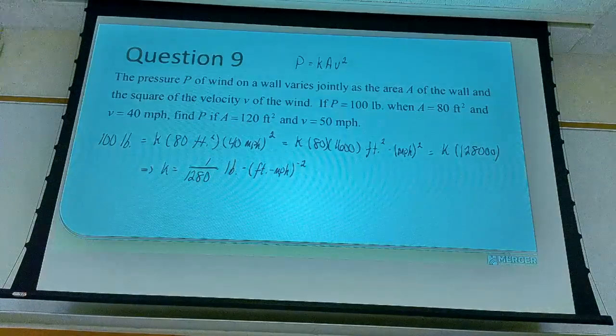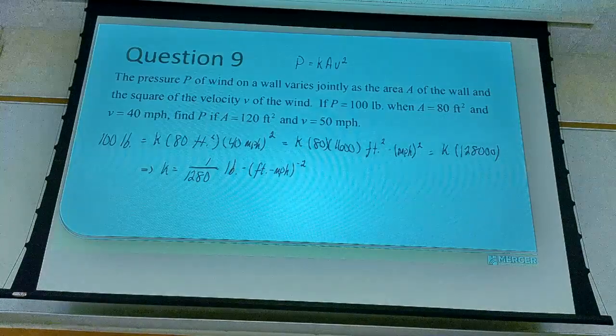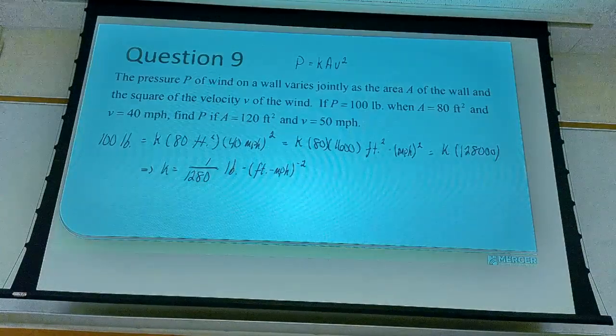Just like inverse mile per hour, inverse square. So how would you say that whole thing again? The inverse square foot mile per hour.